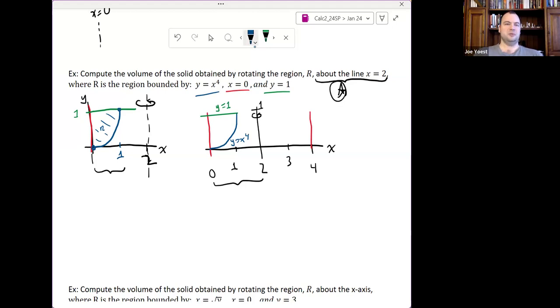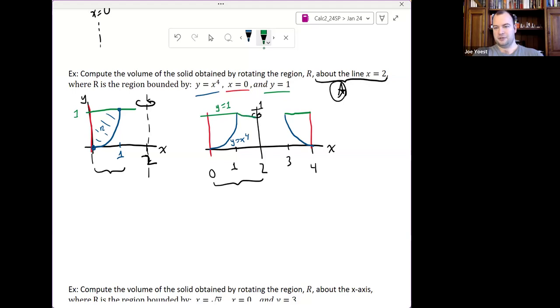You might be able to, when you get used to doing this, not have to draw the whole solid out. I still like to draw the whole solid out because I think it really helps me visualize exactly what's going on. So I have my curve that's going something like this, and my top piece here in green.